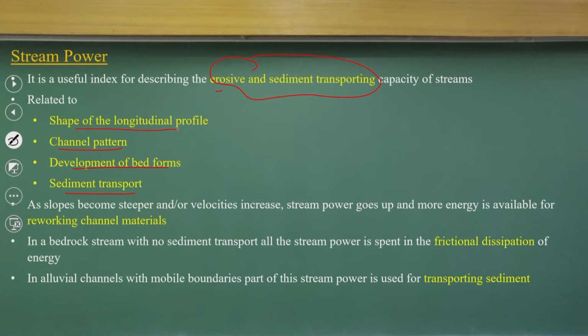Stream power is defined as a function of unit weight, discharge Q, and slope S. More details will go in the next slides. Your stream power is defined by unit weight, discharge and the slope, that is the friction slope.